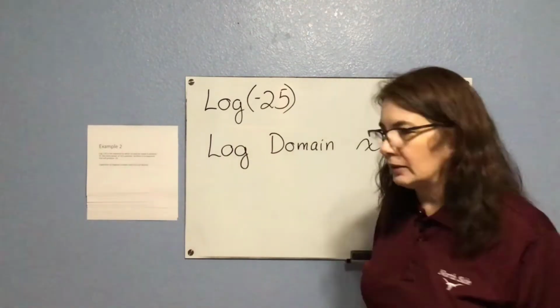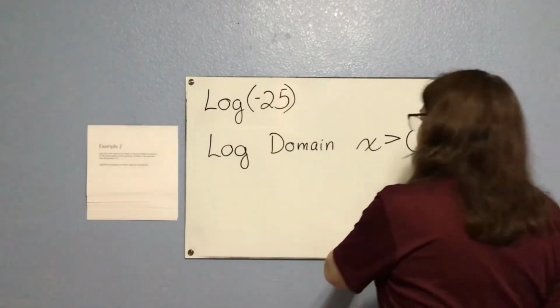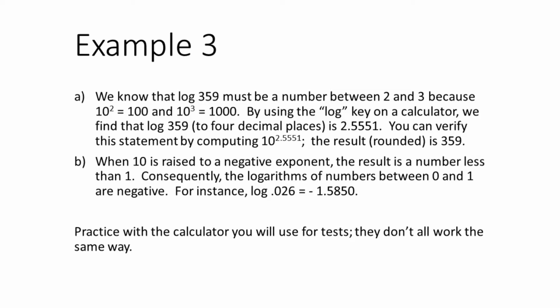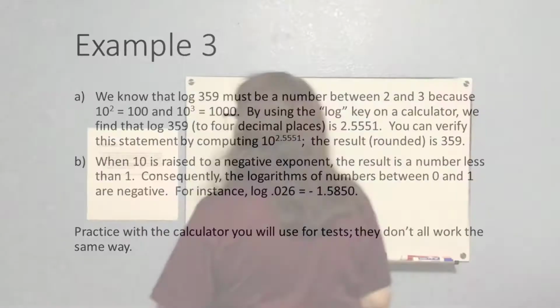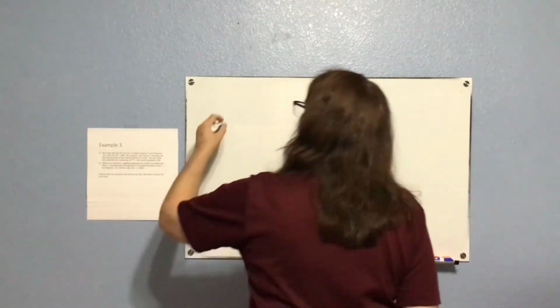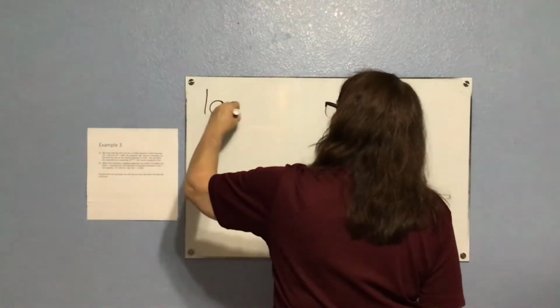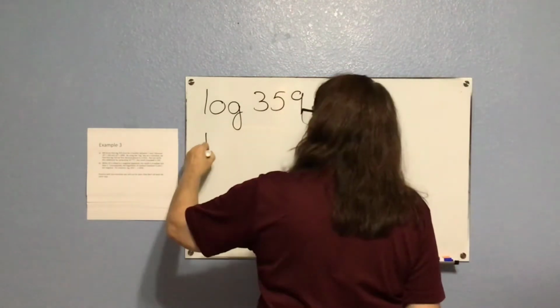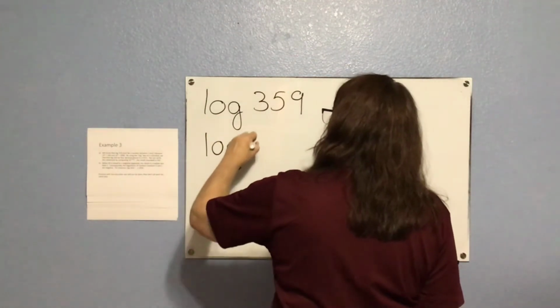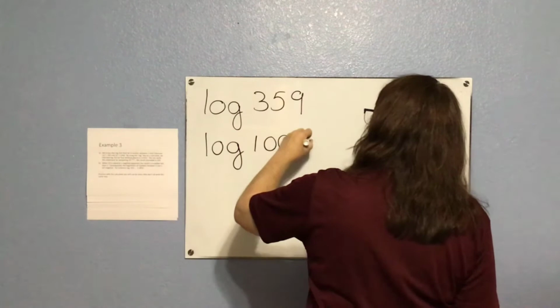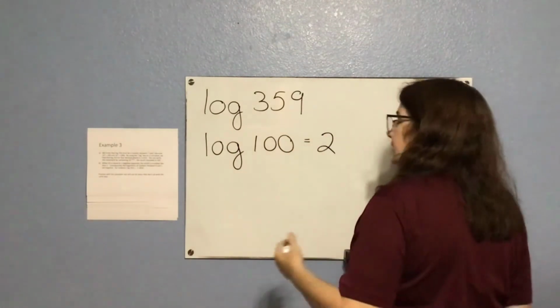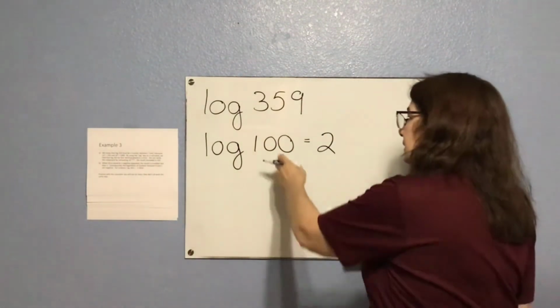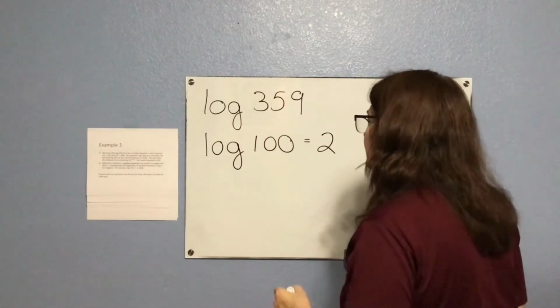We can estimate logarithms by looking at powers of 10. For example, if I wanted the logarithm of 359, I know that the logarithm of 100 is 2 because 10 squared gives me 100.